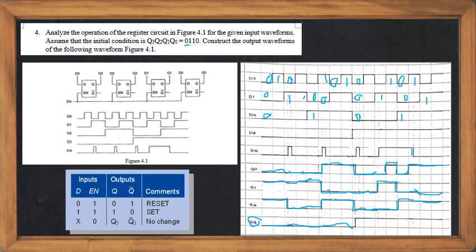When D3 is 1 and the enable is 1, the output will be set. And then when D is 1 and enable is 0, it will be no change. And then when D is 1 and the enable is 1, the output will be set. And when D is 1 and enable is 0, the output will be no change.